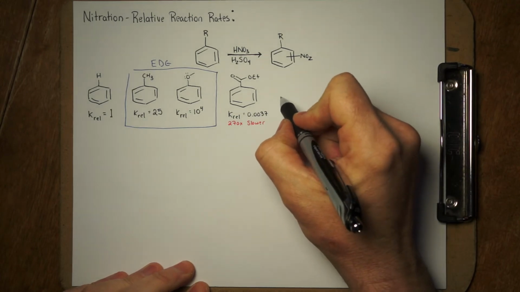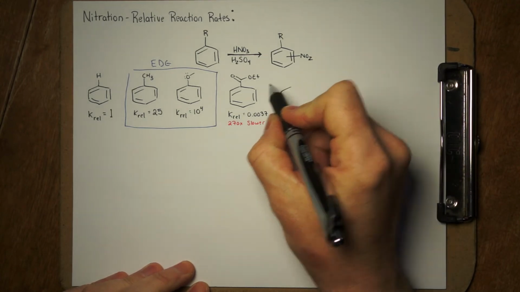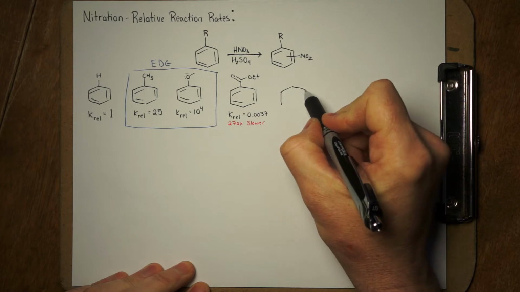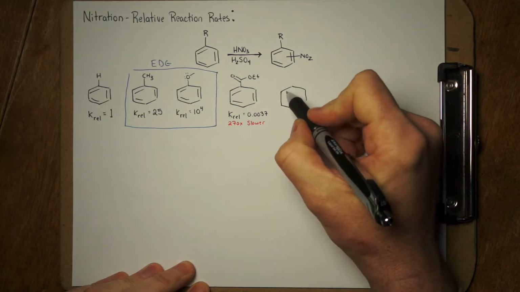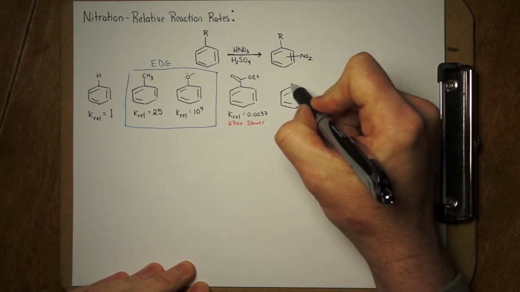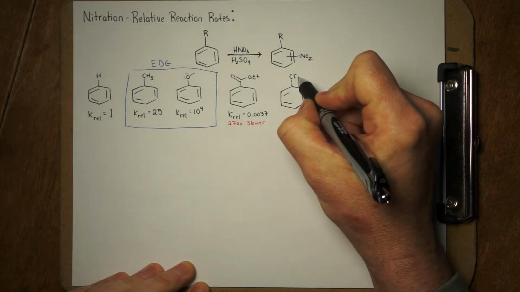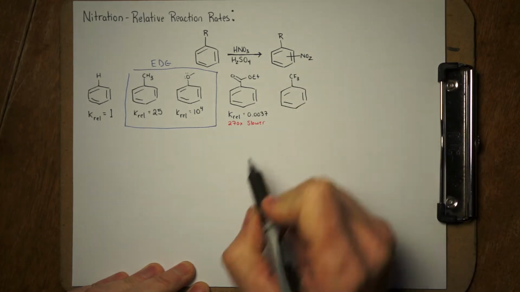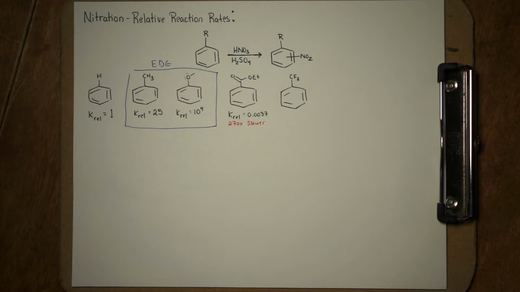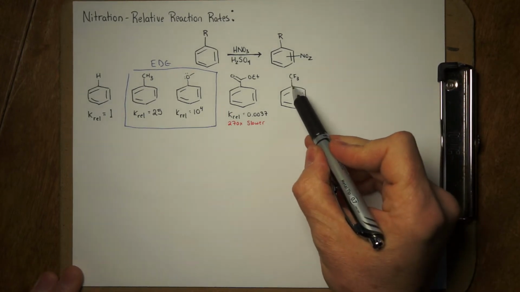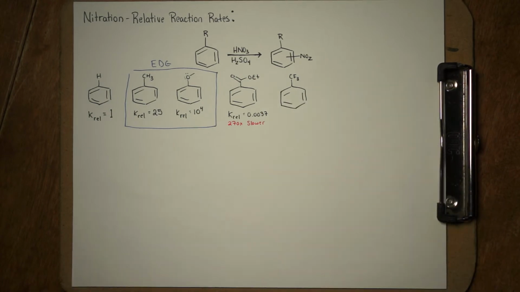All right, if we look at some other electron withdrawing groups, so this is a resonance electron withdrawing group. Now let's look at the effect of an inductive electron withdrawing group. So trifluoromethyl. The fluorines are pulling electron density away from carbon, which is therefore pulling electron density away from the ring.